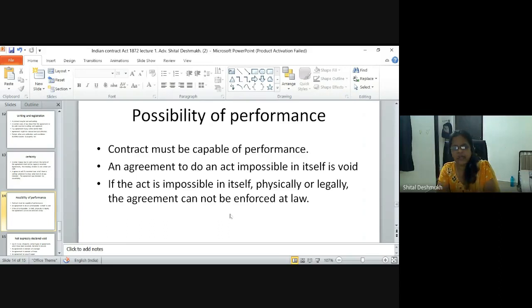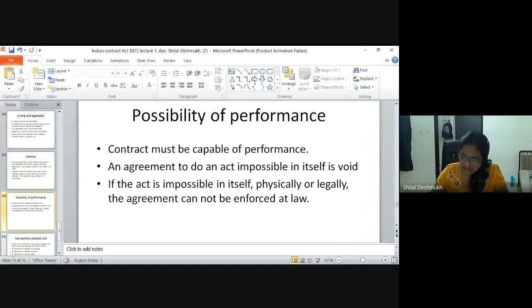For example, an agreement between A and B to find a treasure by magic is impossible in itself, since it is physically and legally impossible. So if the act is impossible, physically or legally, the agreement cannot be enforced by law.